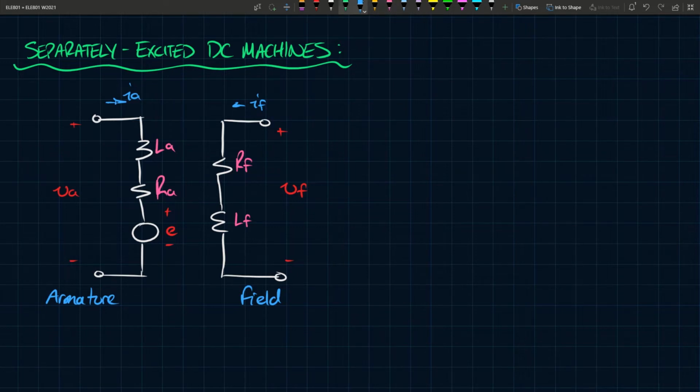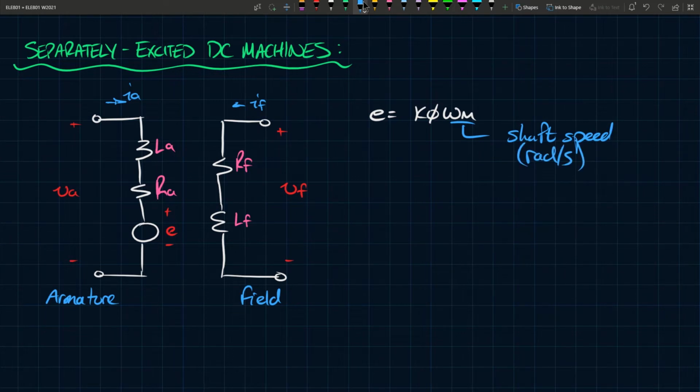So we say that E, the electromotive force, is equal to K phi omega m. Now omega m is the speed, the shaft speed, and this is measured in radians per second.